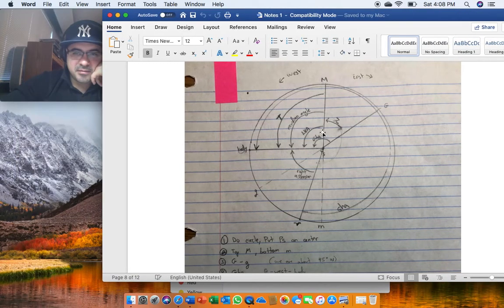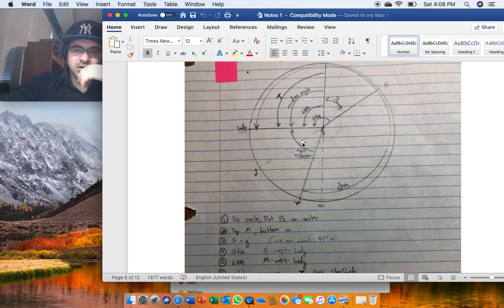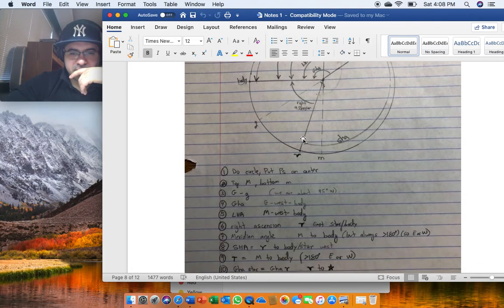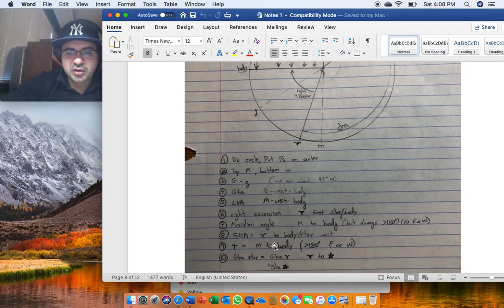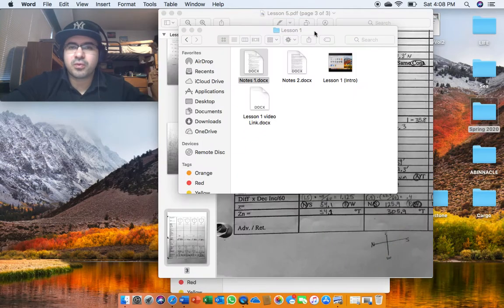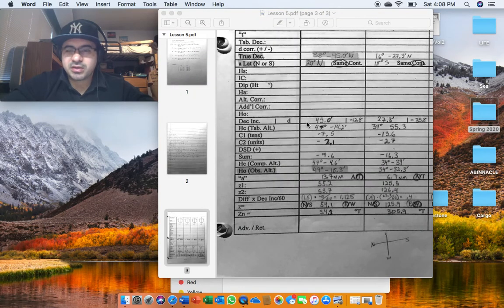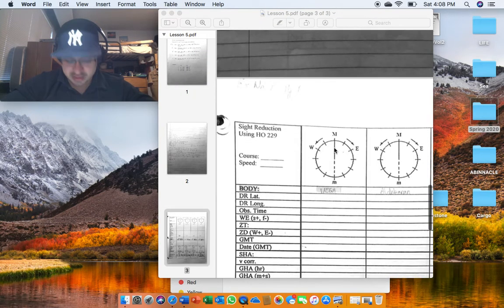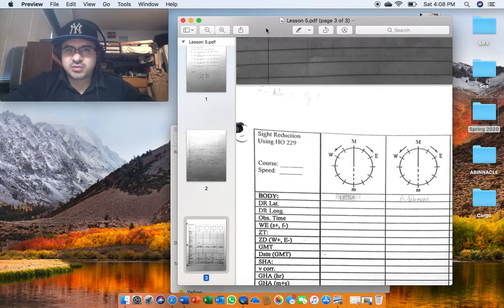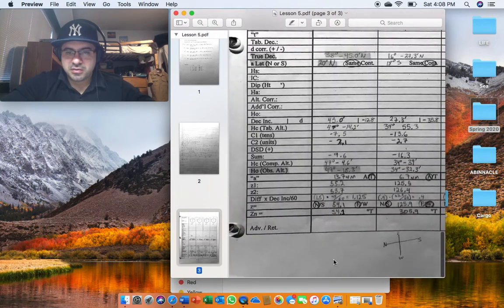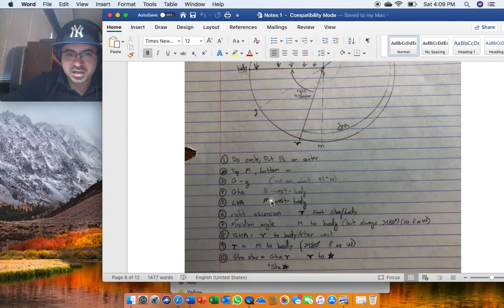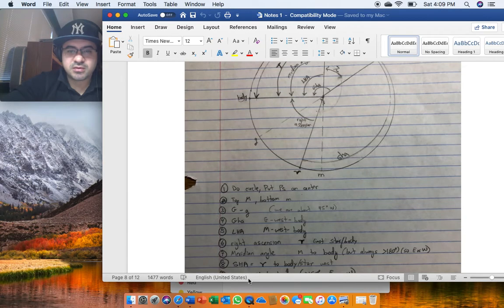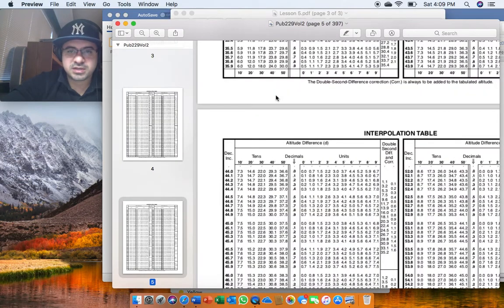It is M west to the body, right? But if you look at your T, it is M to the body. It cannot be greater than 180. So what you're going to be doing, it is west 315 LHA M west to the body. Where's my problem? No, it's my tables. We don't need that anymore.